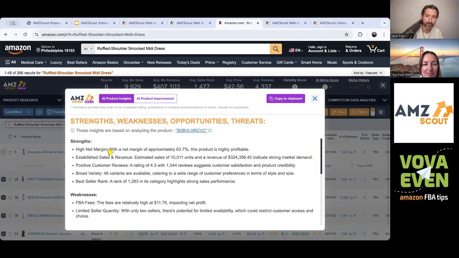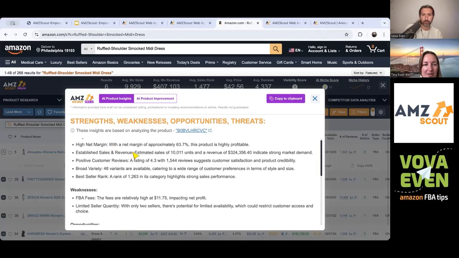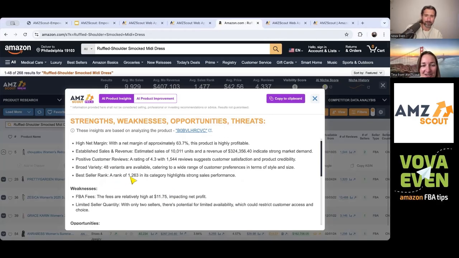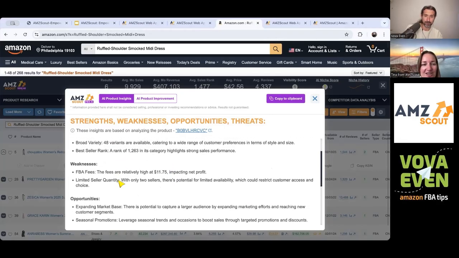Those bullets are built on the data by AMZScout, and they say particular things about sales, revenue, customer reviews, variety of this product. It has 48 variants, by the way. Bestseller rank. Oh, that's because this is another niche. This is the smocked midi dress niche. So, of course, it has 84 variants for different style and size. Yes, it has a quite good rank in its category.